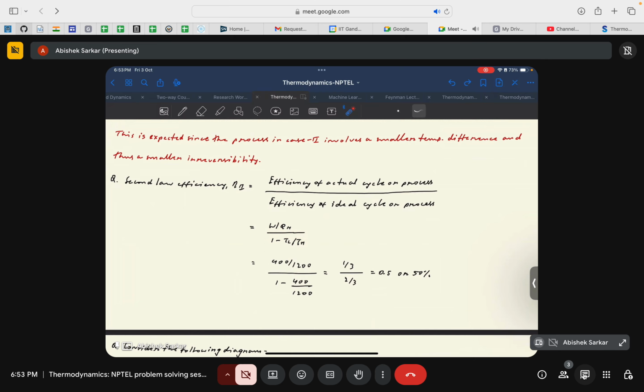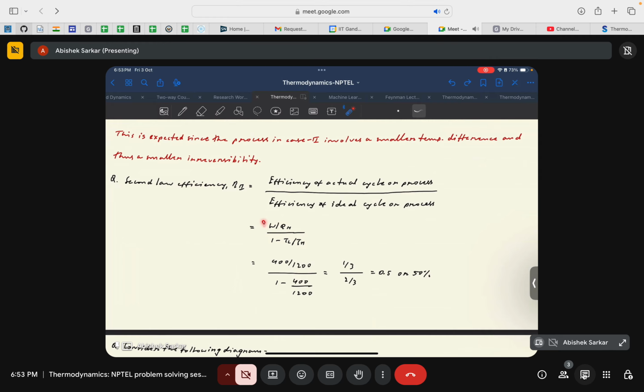We have discussed both of them separately, and how they are different and when they can be the same, in the previous lectures on reversible and irreversible processes, but we didn't formally introduce the second law efficiency. The second law efficiency is given by the efficiency of the actual cycle, the net work output by the net heat input.